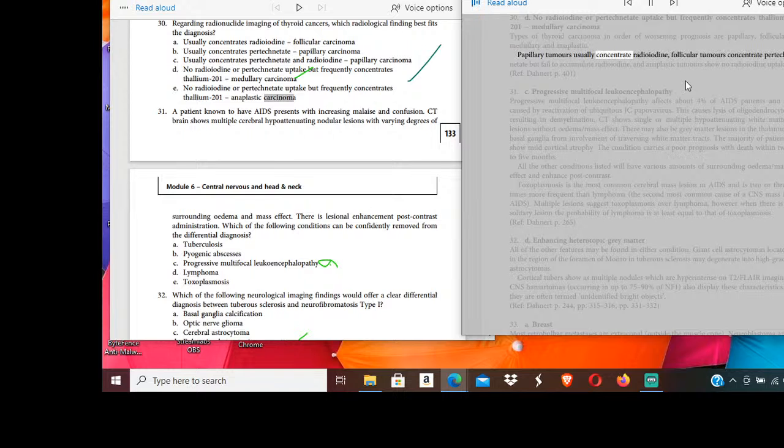Papillary tumors usually concentrate radioiodine, follicular tumors concentrate pertechnetate but fail to accumulate radioiodine, and anaplastic tumors show no radioiodine uptake.